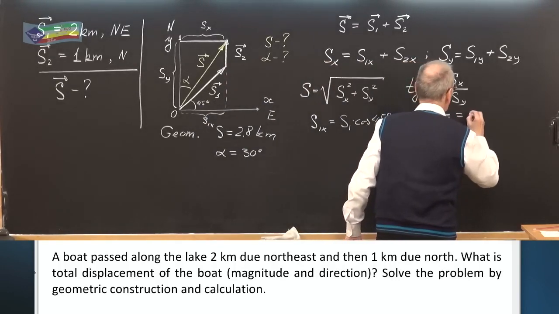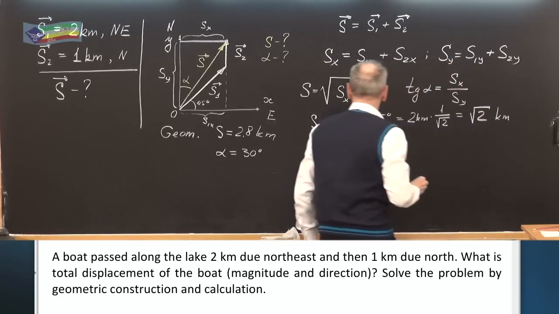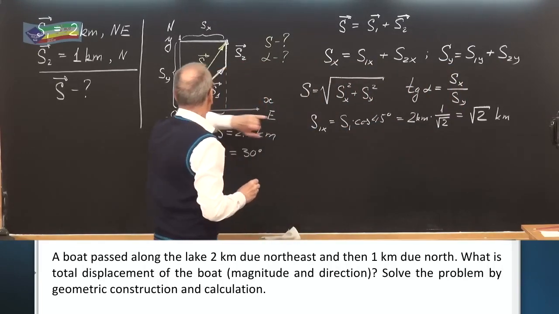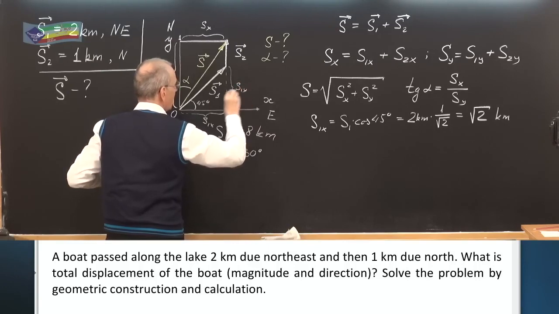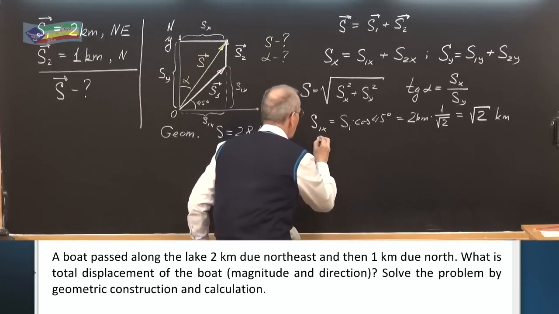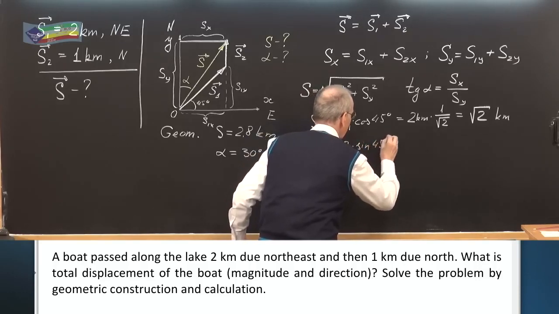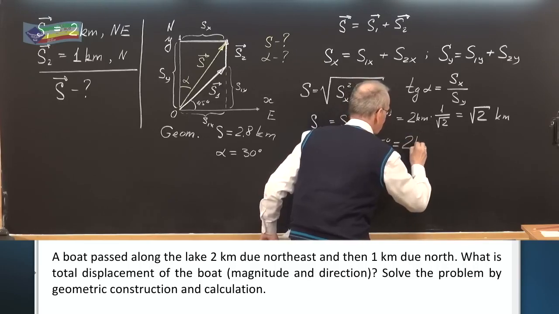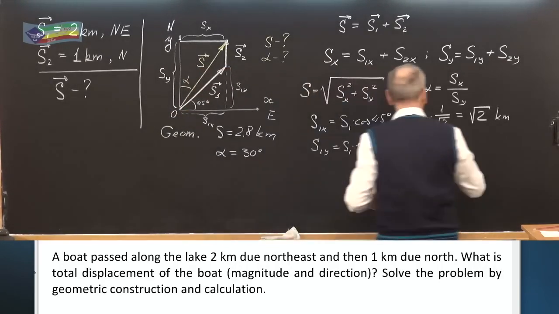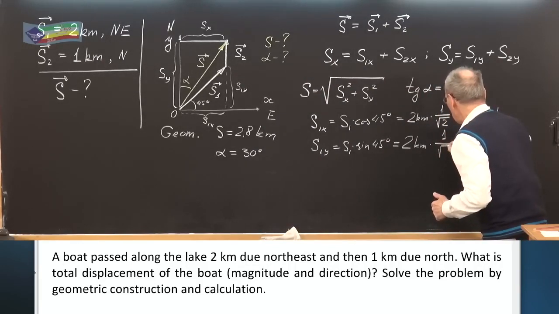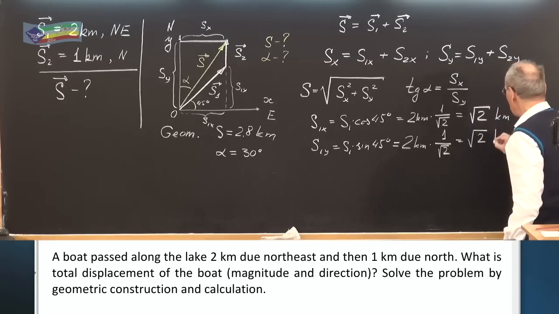Or we can write root of 2 kilometers. S1y is this segment, and we can write S1y equals S1 times sine of 45 degrees equals 2 kilometers times 1 over the root of 2, since the cosine and the sine of 45 degrees are the same, equals root of 2 kilometers.